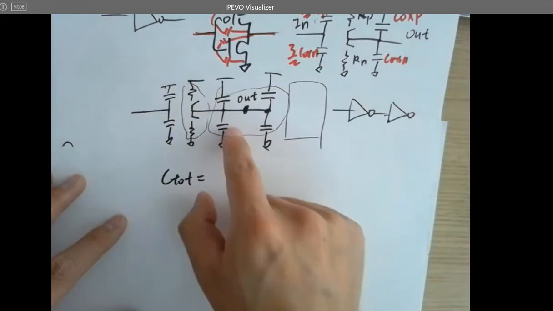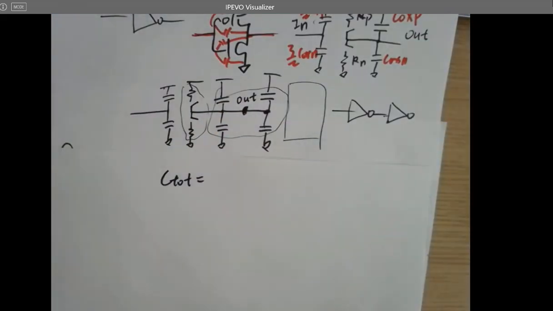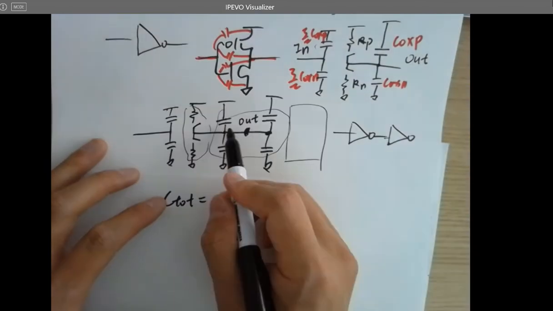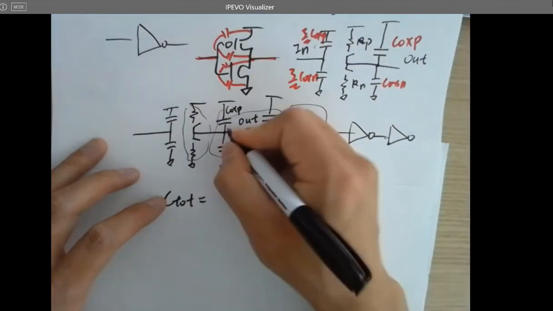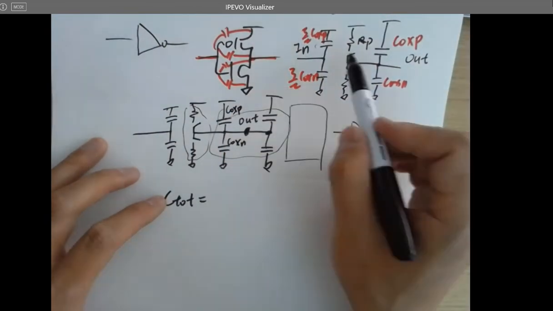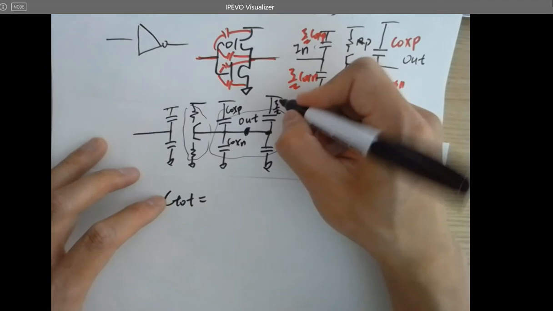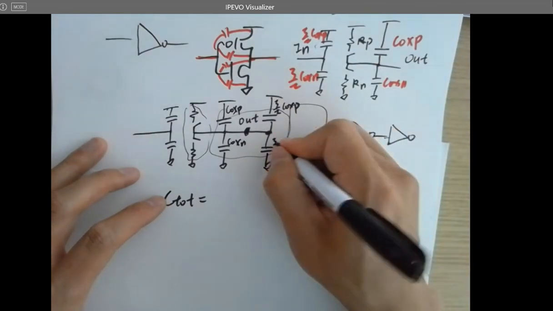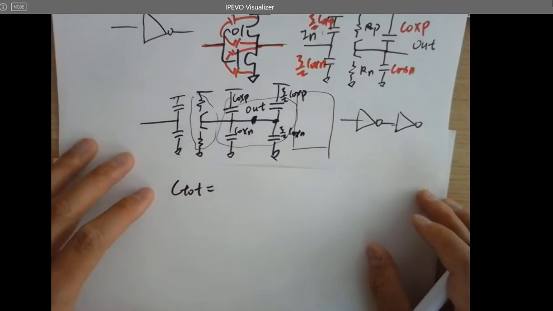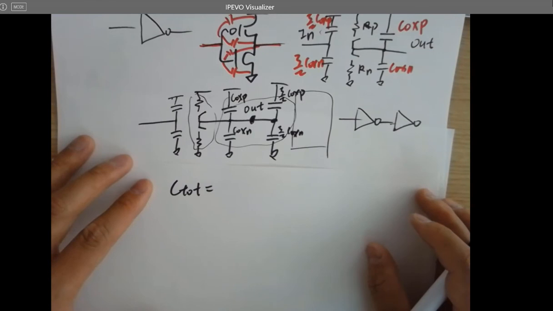So what's C total? For parallel capacitors, you just add them together because it's adding areas to the plates. Is it 4? What is this one? Cox P. What is this one? Cox N. That's the output for the previous stage. This one is the input, so it's going to be 2/3 of Cox P, Cox N. So C total will be 2/5, right?